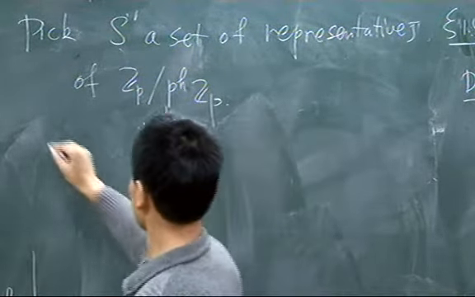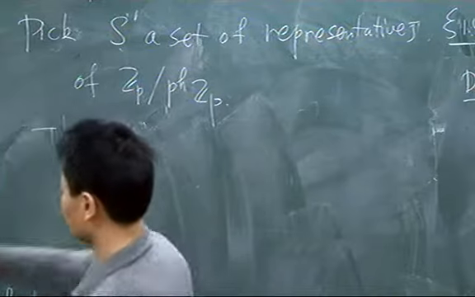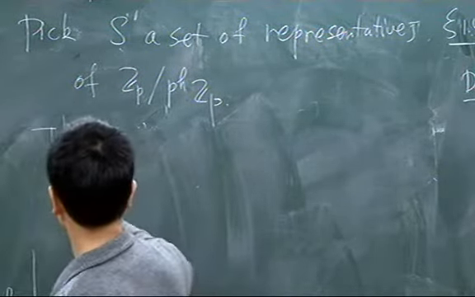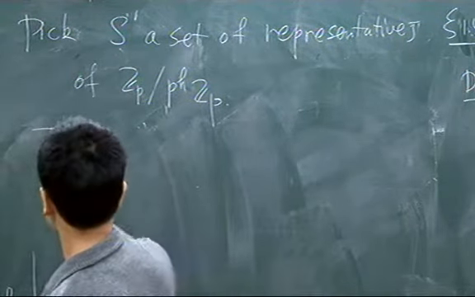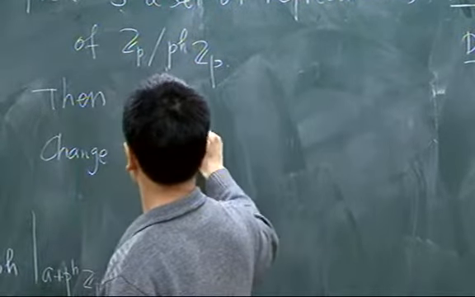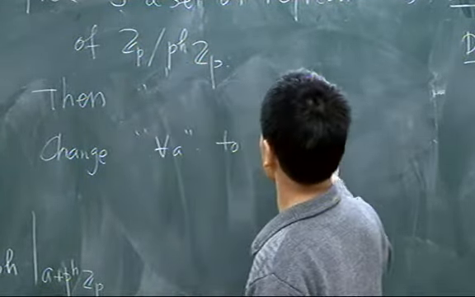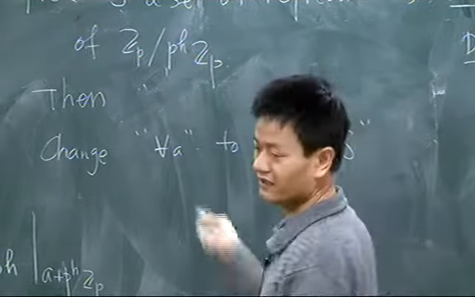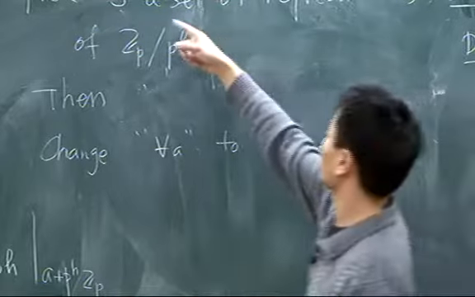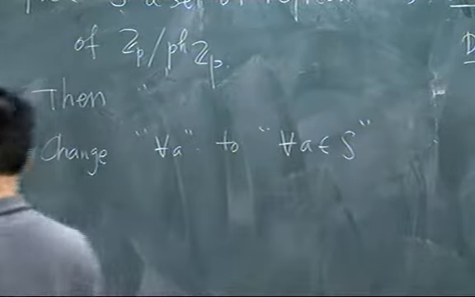And then in the definition you can change for any a to for any a contained in S. So that's it, right? Now it is finite, because S is finite. Otherwise, it looks like you verify infinitely many times. So this is LA_h.